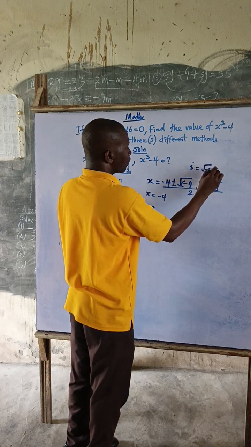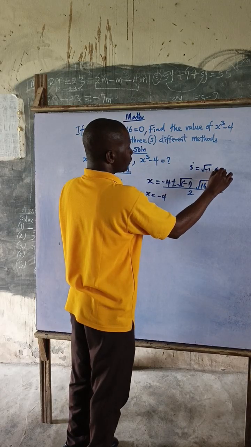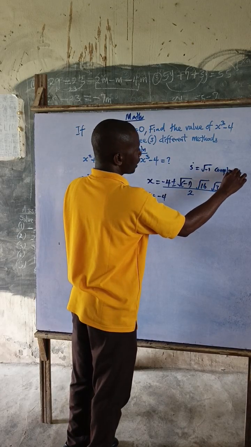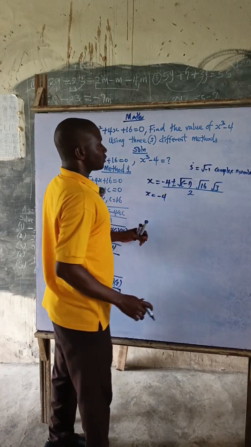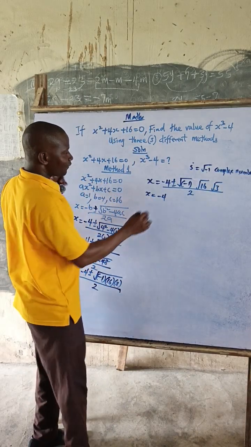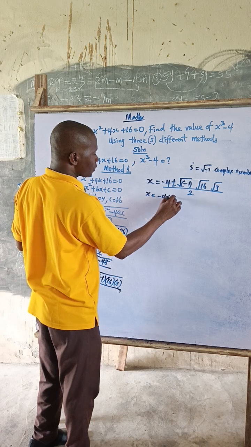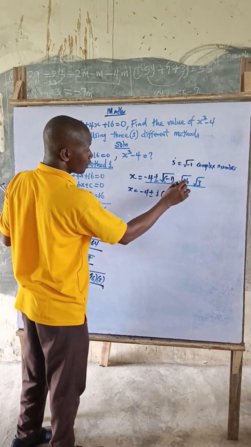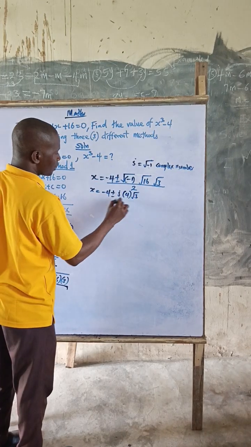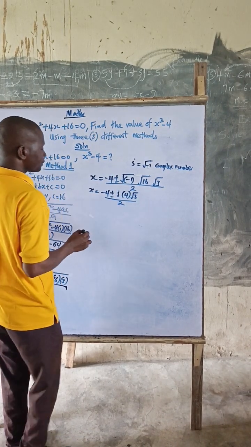This is what we call a complex number in mathematics. So we have plus or minus i, then the square root of 16, which is 4, and the square root of 3, divided by 2.